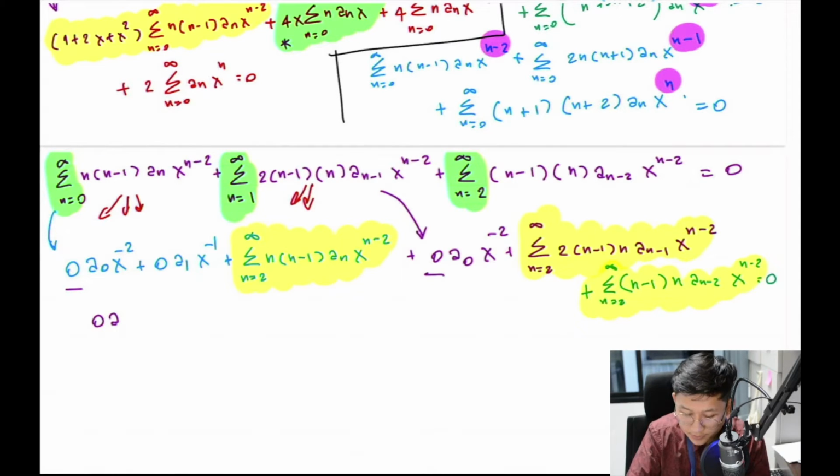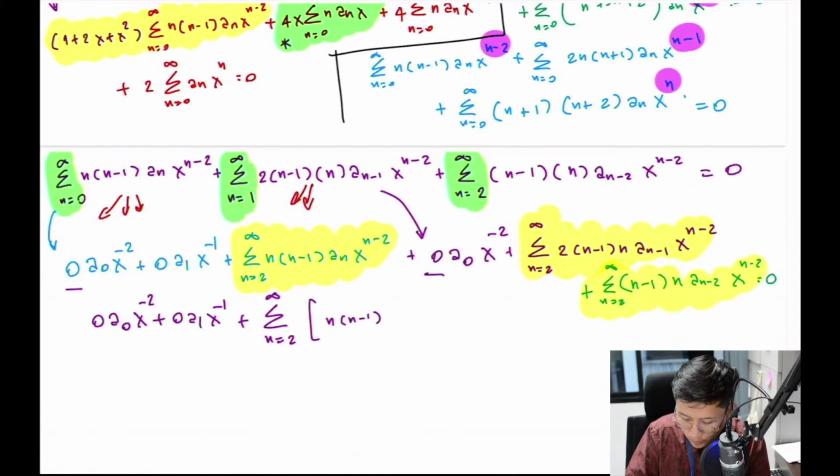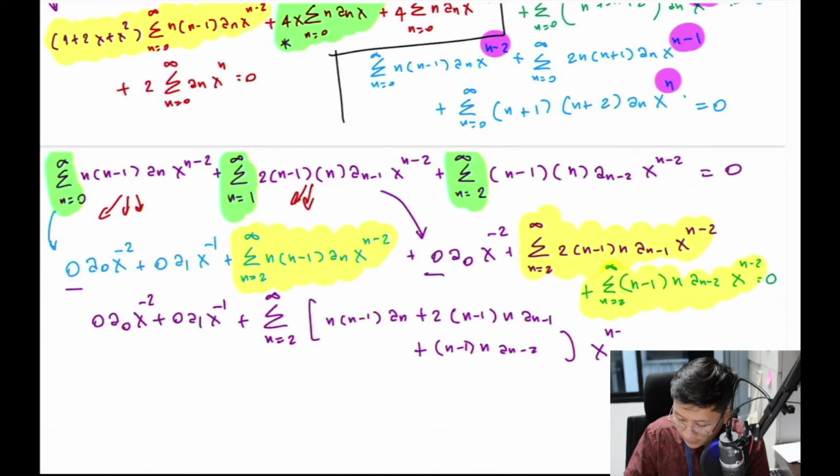0 a 0 x to the minus 2 plus 0 a 1 x to the minus 1 plus summation n from 2 to infinity, and then I get n minus 1 a n plus 2 n minus 1 n a n minus 1 plus n minus 1 n a n minus 2, and x to the n minus 2.